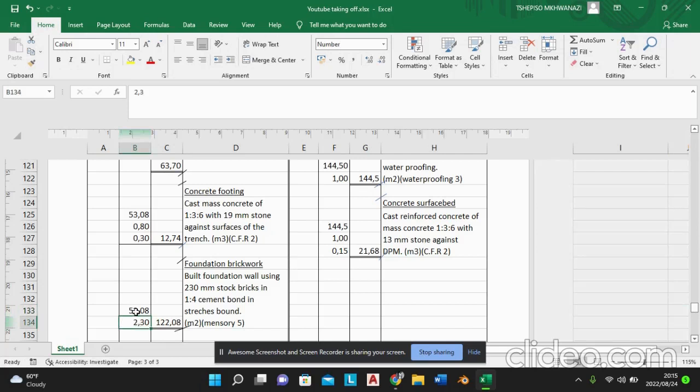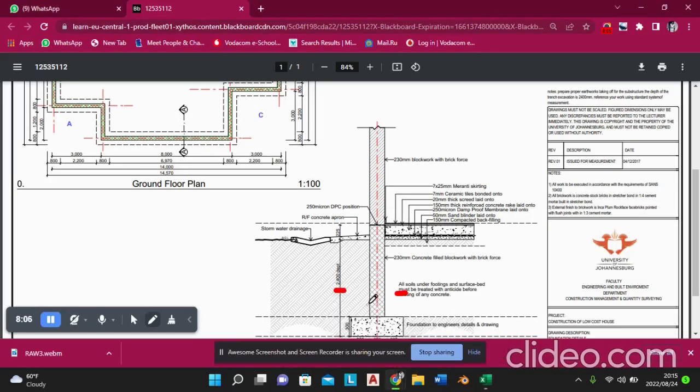For the brick wall, we're going to use the center line that we calculated when we were calculating the center line for the trench. And then let me explain this part only. Remember, our brick wall is not from the surface of the concrete footing to the natural ground level.